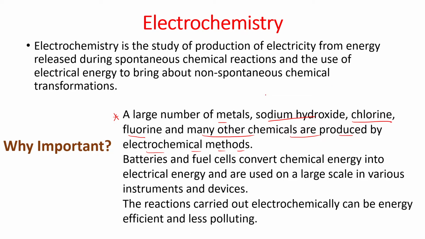Sodium hydroxide and chlorine gas are generally produced by the electrolysis of brine solution, which is saturated NaCl solution. The electrolysis of this solution will lead to the formation of chlorine gas, and sodium hydroxide will be released as well.